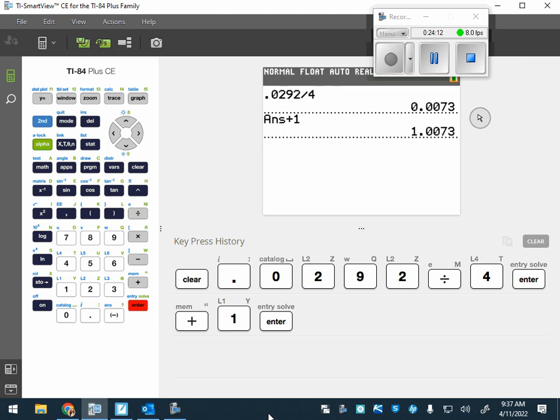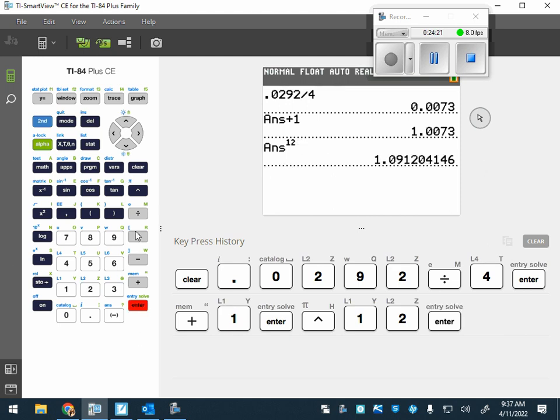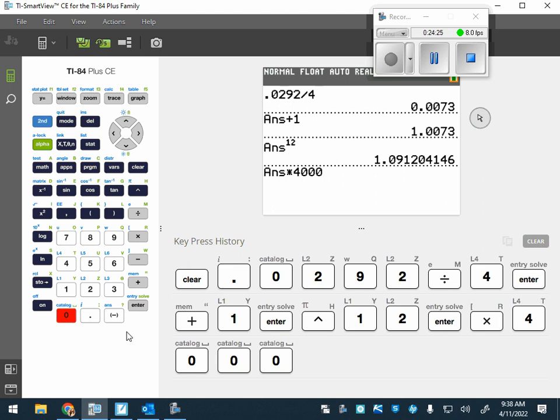I do everything in my calculator. Then I take this number and raise it to the 12th, because 4 times 3. And I multiply by 4,000. This is one way, by splitting it up.